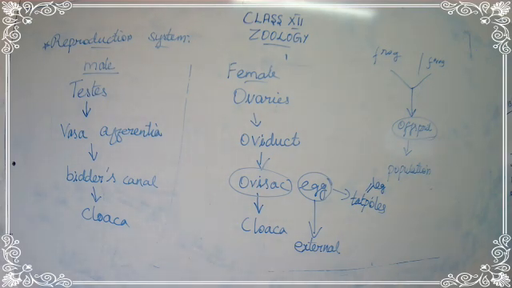The eggs come out and are fertilized externally only. The egg hatches into tadpoles with a tail and fins. After the tail and fins disappear, legs grow. That is the adult frog.